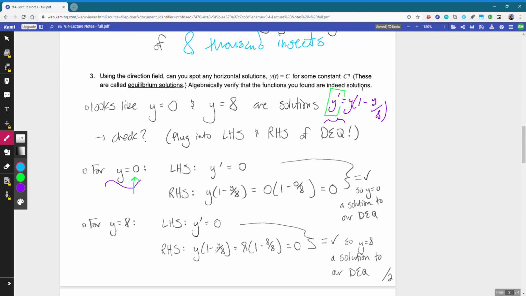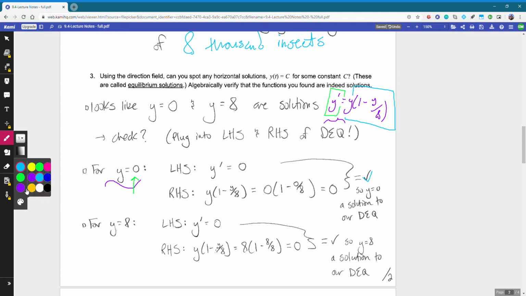Next, on the right-hand side, we just need to plug in our function y wherever we see that y. And so here, we're just plugging in 0 up front and up top. And we get 0 times 1, which is 0. And indeed, our left-hand side equals our right-hand side. So algebraically, we see that the constant function y equals 0 is a solution.